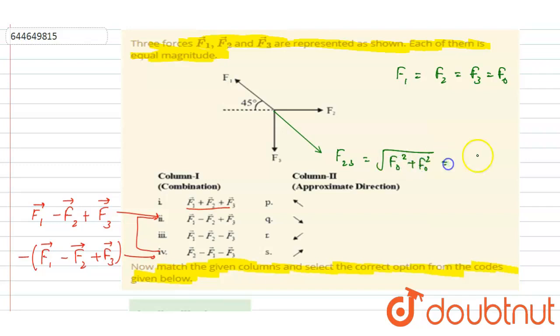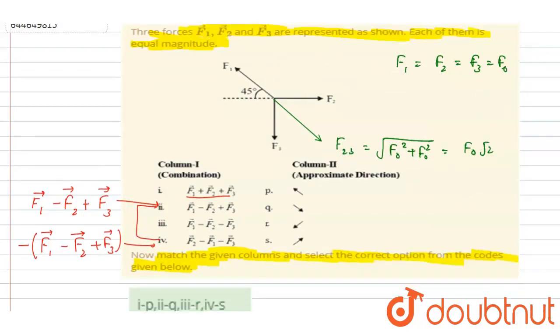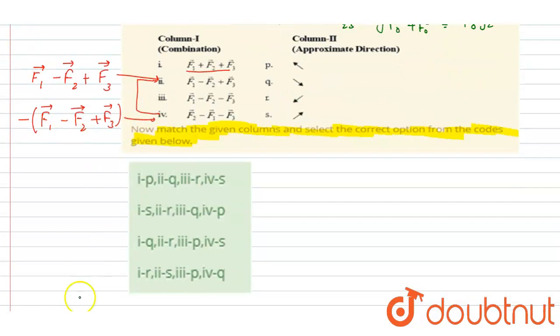Cos 90 will be 0, so it will be F0 root 2. So for the first option, this is F0 and this is F0 root 2. Anti-parallel vector. This vector has magnitude F0 and this is F0 root 2. So the resultant will be in this direction, having magnitude F0 root 2 minus 1.